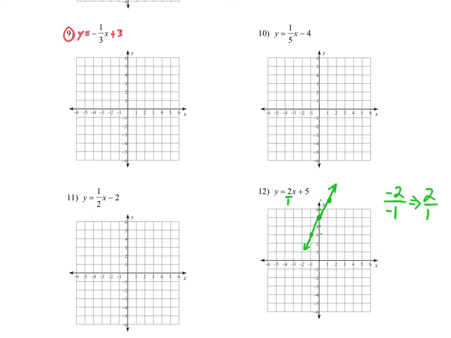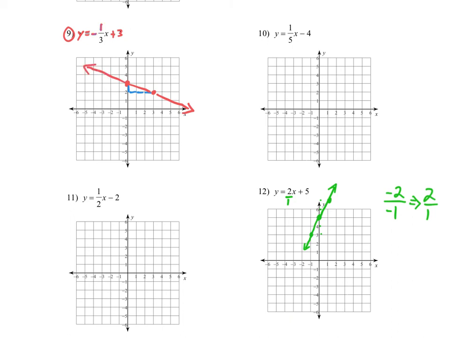So let's take a look at negative 1 over 3. Negative 1, so I got my y-intercept. Then negative 1, and then over 3. Notice which way I'm going, over 3. Now I have a slope that is going downwards, so that is a negative slope. So I definitely want to do that.